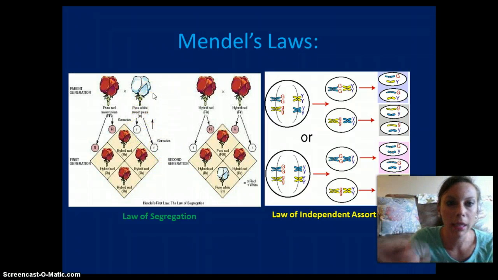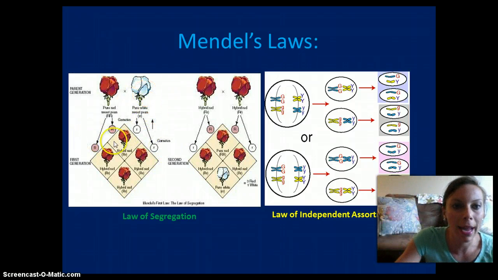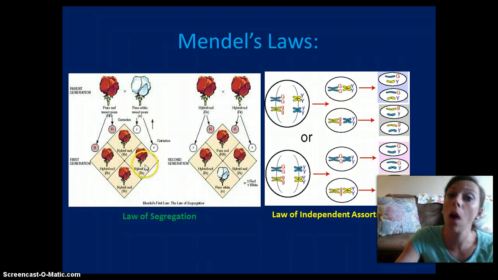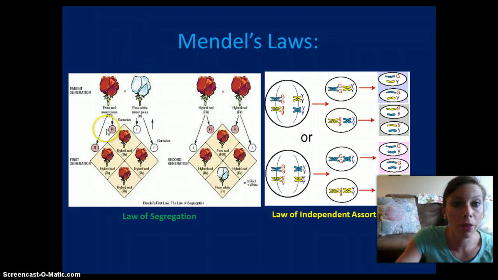When we cross the flowers, we get big R, little r, four times, and all of our offspring are going to have a 100% chance of becoming a red flower, because big R, the dominant allele, will mask the little r, the white recessive allele. So they'll all be red.